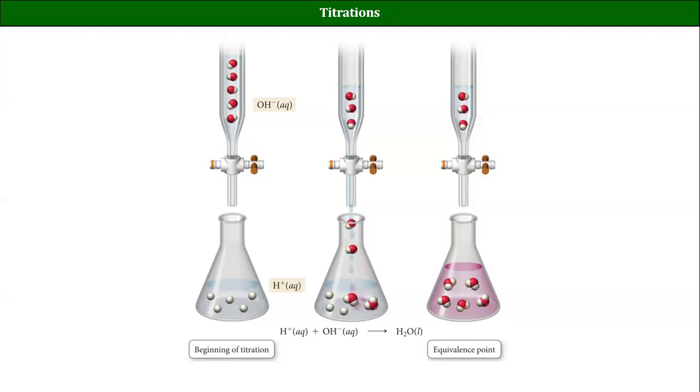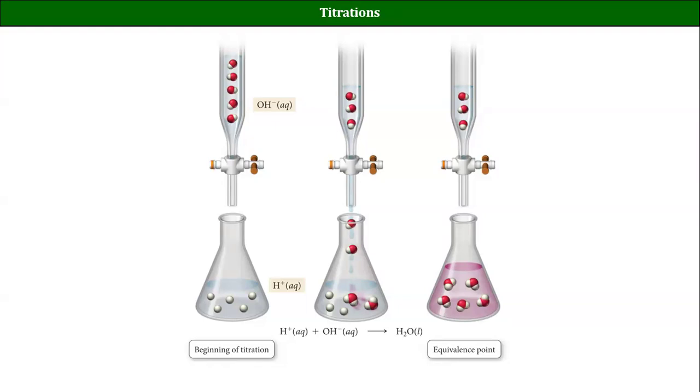So let's say we had a known concentration of 0.100 moles per liter, and it took, I don't know, 23.45 milliliters. How many moles of hydrochloric acid had to get used up?